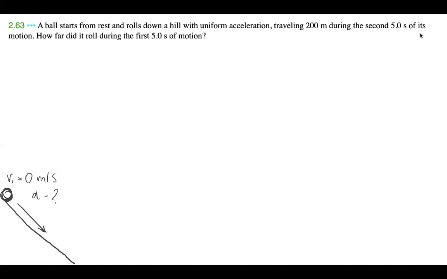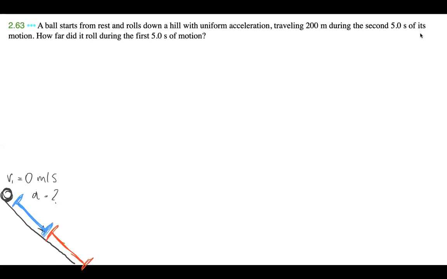5 seconds. So you know what? We're going to have to actually split up this little rolling down motion into two components. Let's say blue was the first part of its 5-second motion, and then red was the second part of that motion.